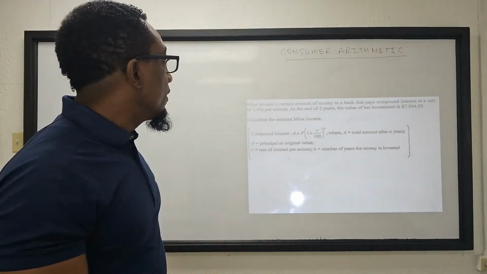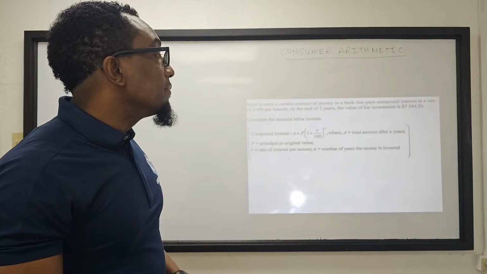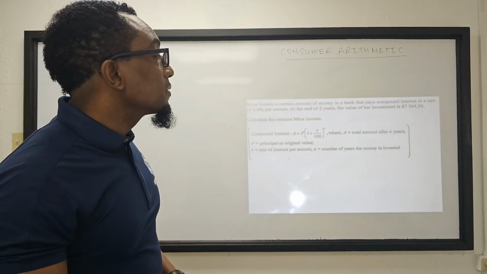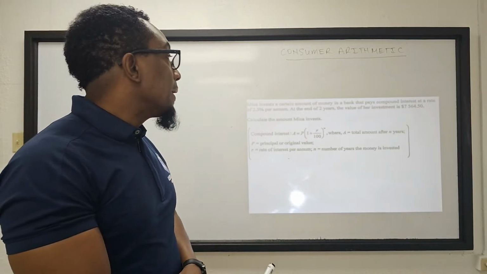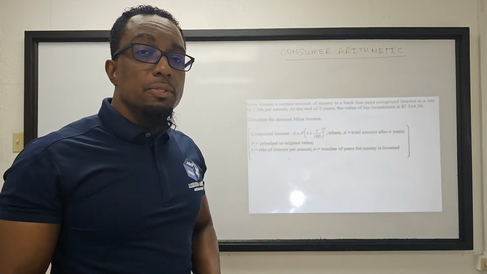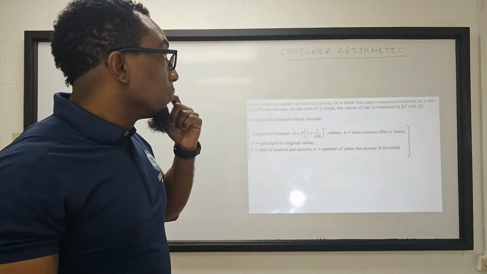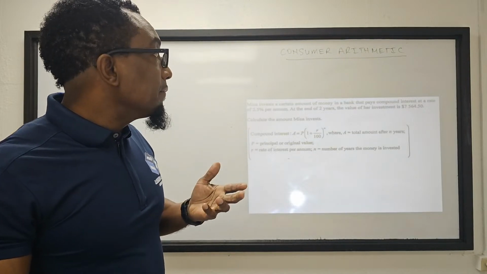At the end of 2 years, the value of her investment is $7,564.50. Calculate the amount Micah invested. So we have to determine the principal, which is the amount she invested. So let's state all the information that we have.